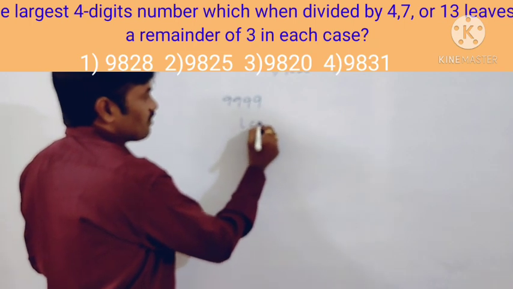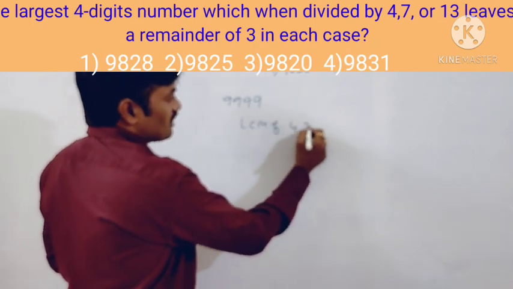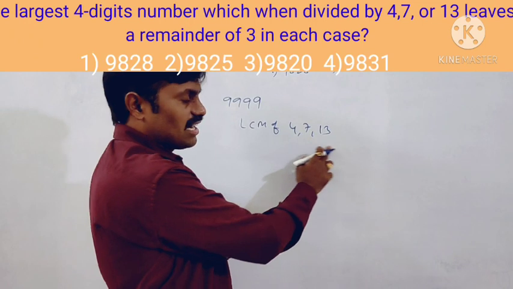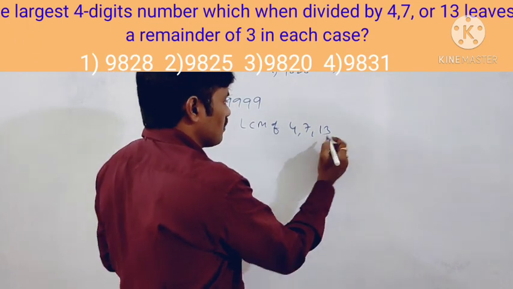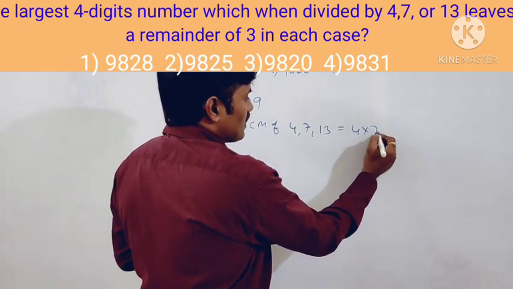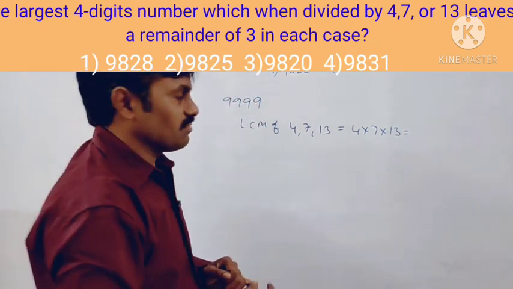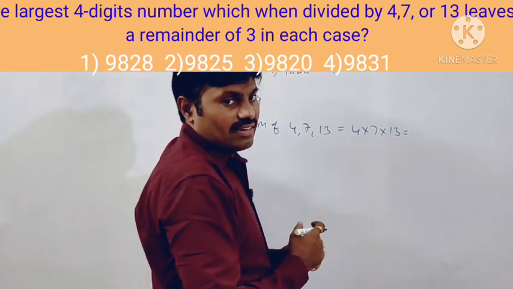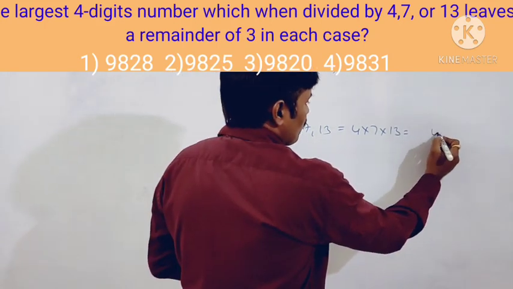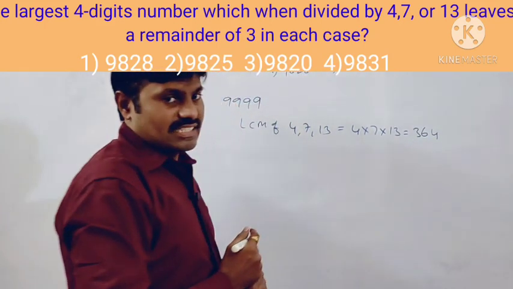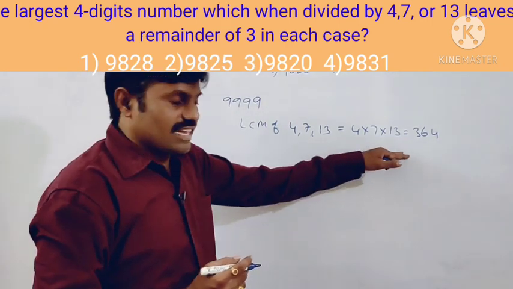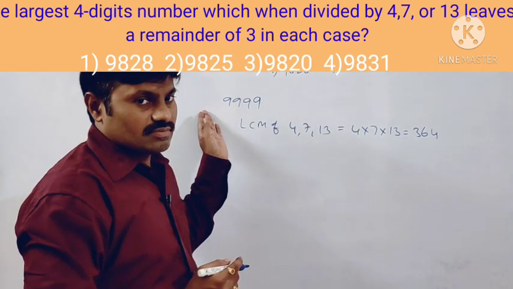First find the LCM of 4, 7, 13. Is there any common factor? No common factor, so their product is their LCM. 13 sevens are 91, and 4 times 91 is 364.